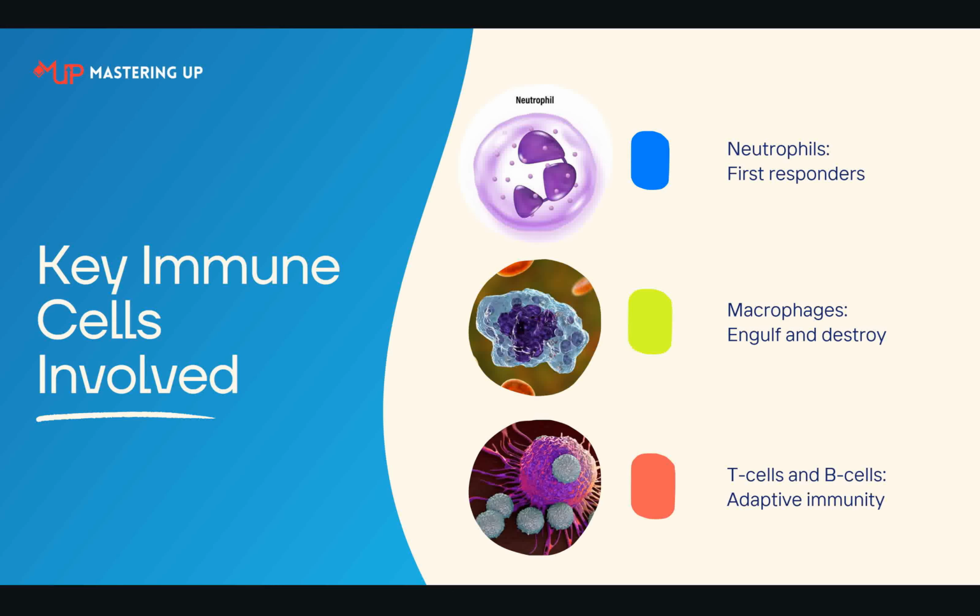Neutrophils are first responders that rush to infection sites, and then macrophages, which migrate to tissues where they engulf pathogens, and then the T cells and B cells, that is the T and B lymphocytes, which patrol the lymphatic system.